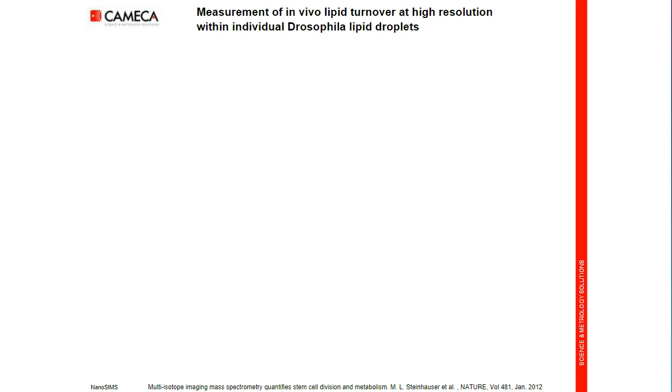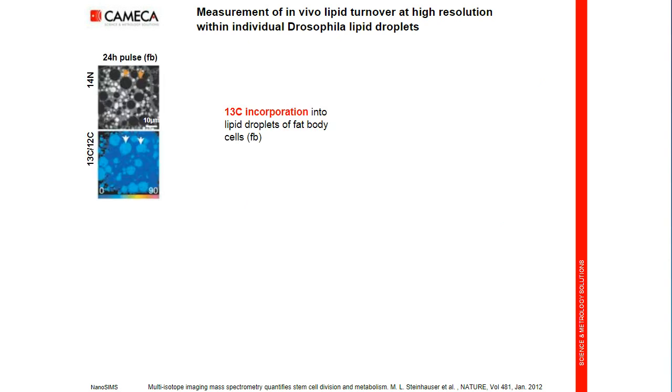After 24 hours of feeding carbon-13 enriched food, we see on the left side a CN image in black and white and a carbon-13 ratio image of fat body cells, labeled FP. The lipid droplets of fat body cells appear in black in the nitrogen map, and they appear in light blue in the C13 image, revealing an enrichment above the natural ratio that is in dark blue.